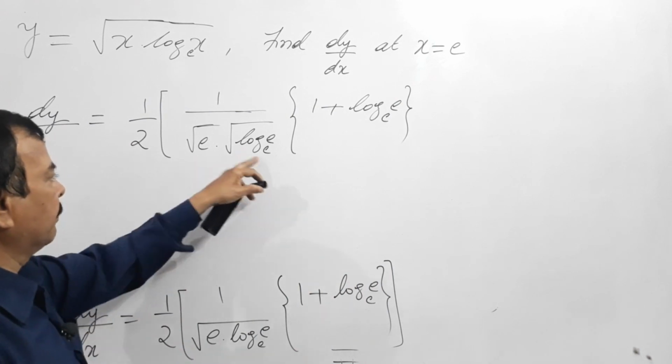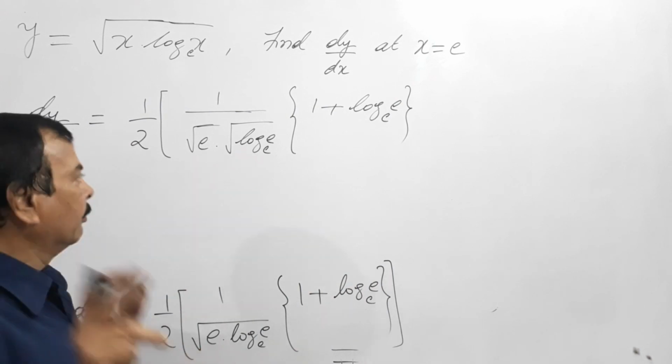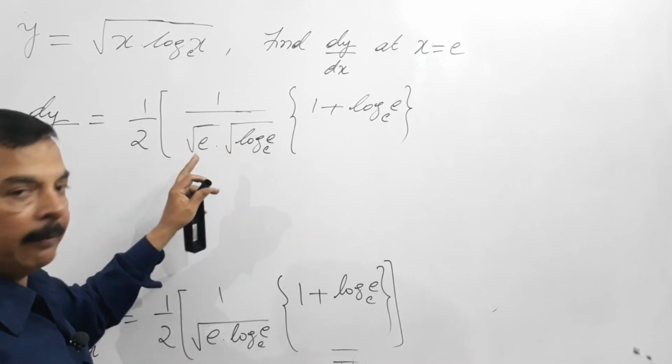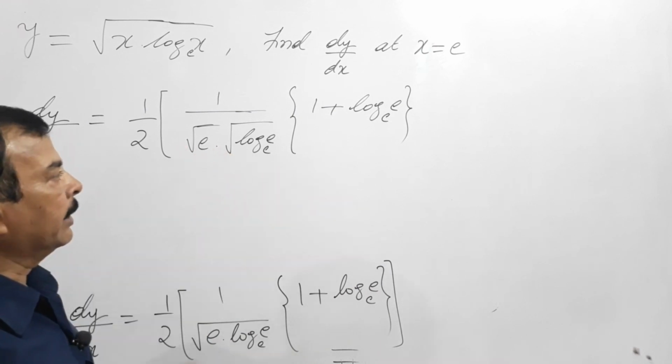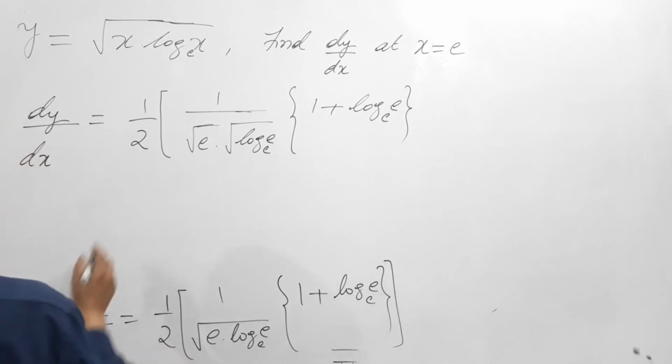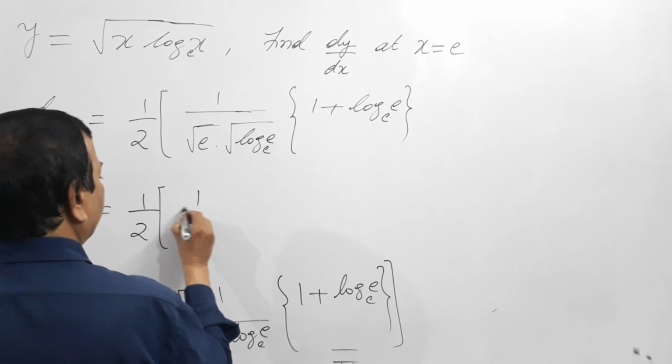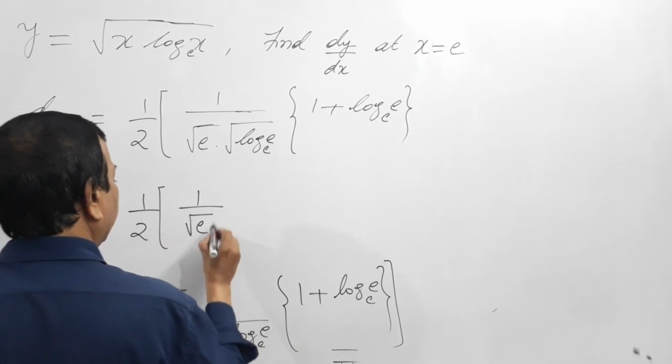There is no need for this separation because you could have done it easily. Only for your benefit, I have taken one more step to make it easy for you. So what happens here? 1 by 2, 1 by root e.